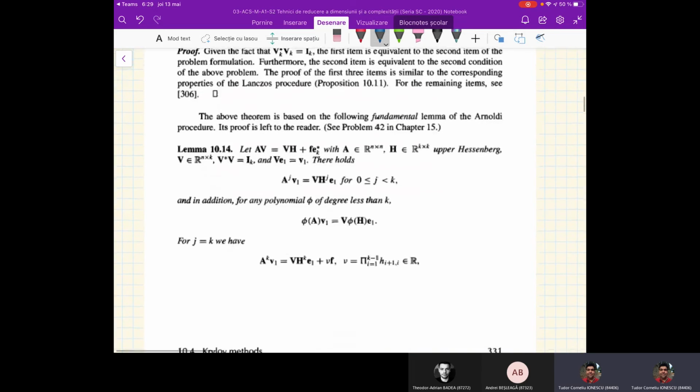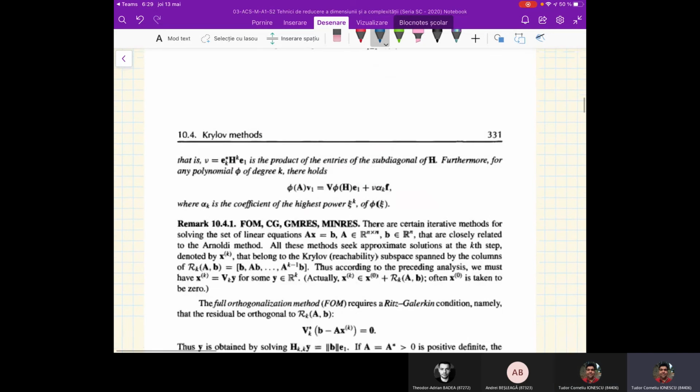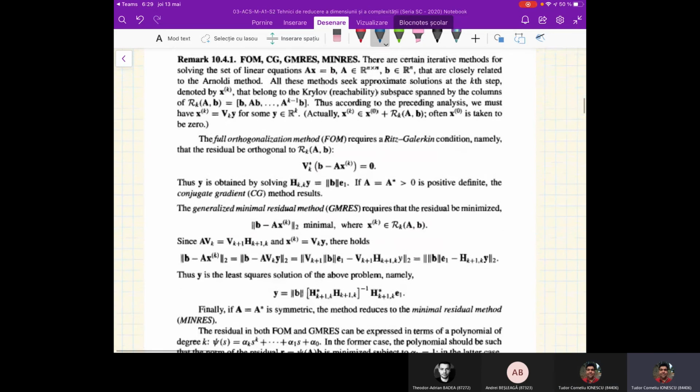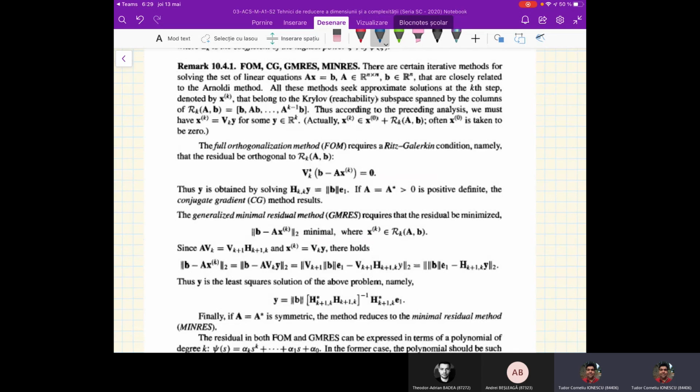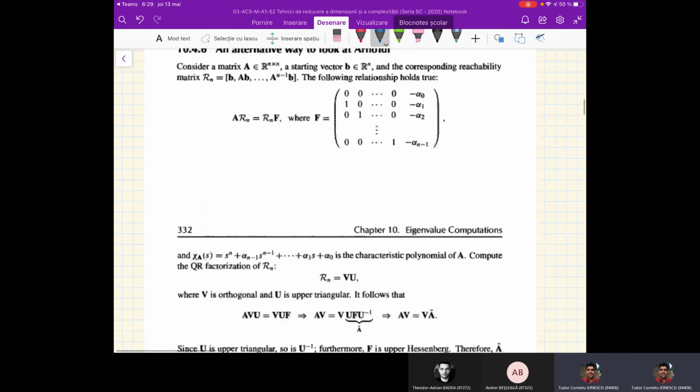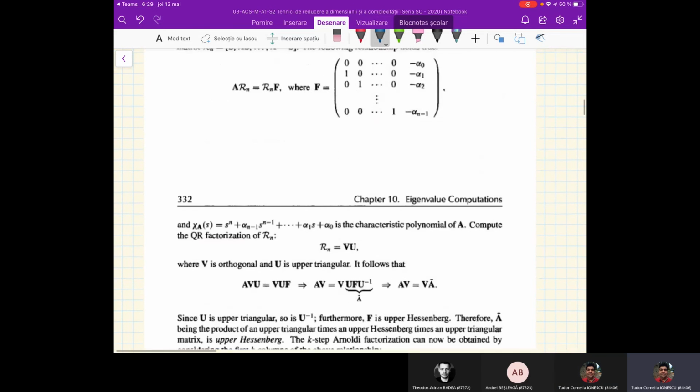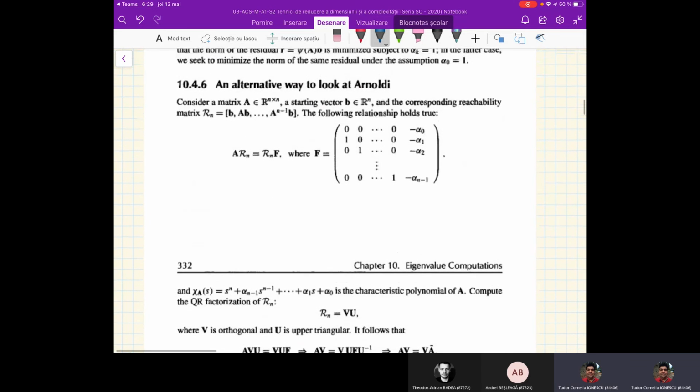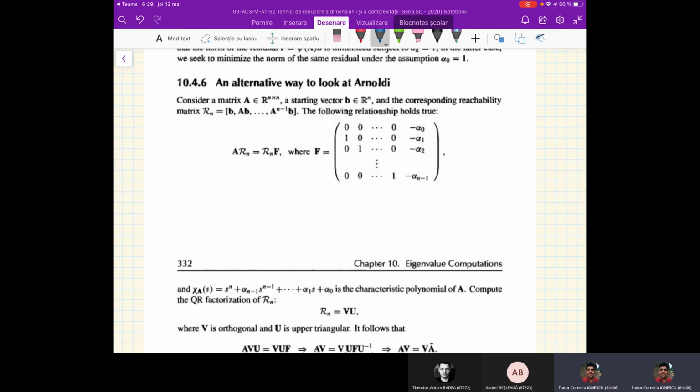We do not look at such proofs. There are also all sorts of forms of these iterative processes, which are presented further on. And there is an alternative look at the Arnoldi process.